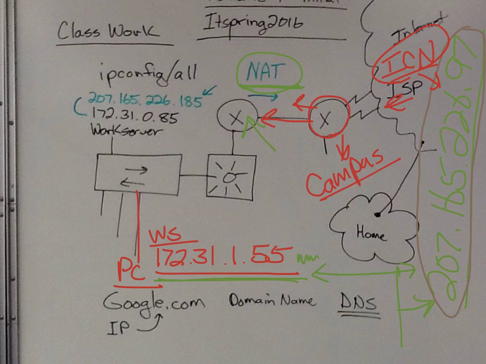I looked up mine, and it was going to this 74 dot something dot something. I typed it into the browser, and it took me to Google. Now, most of the time we do it in reverse. We use the domain name, which contacts the domain name services, which then gets an IP address so we can actually move through the internet.